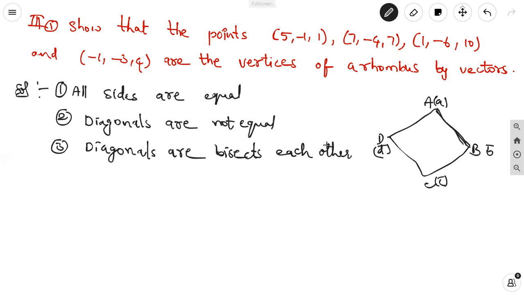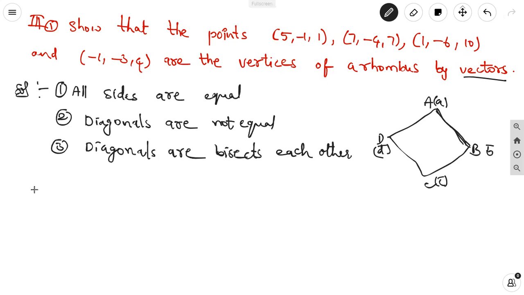When we can prove these relations, then we can say that these vertices form a rhombus. Okay, and those vertices are vectors. It's not a point, that is a three-dimensional vector, that is nothing but x, y, z coordinates.